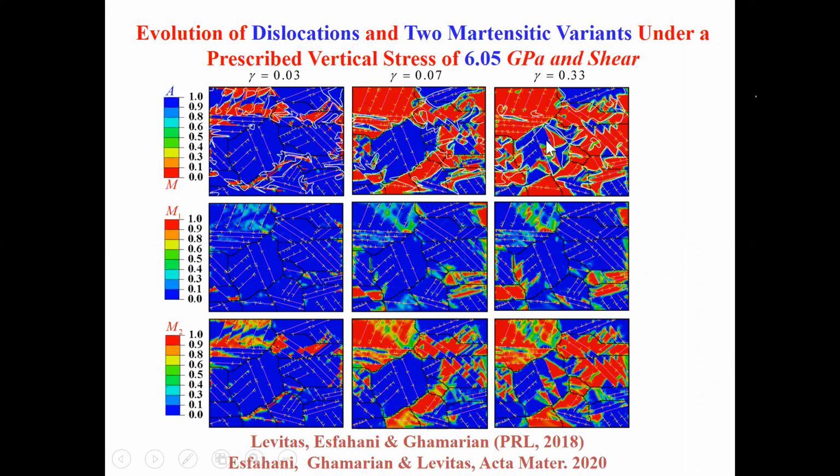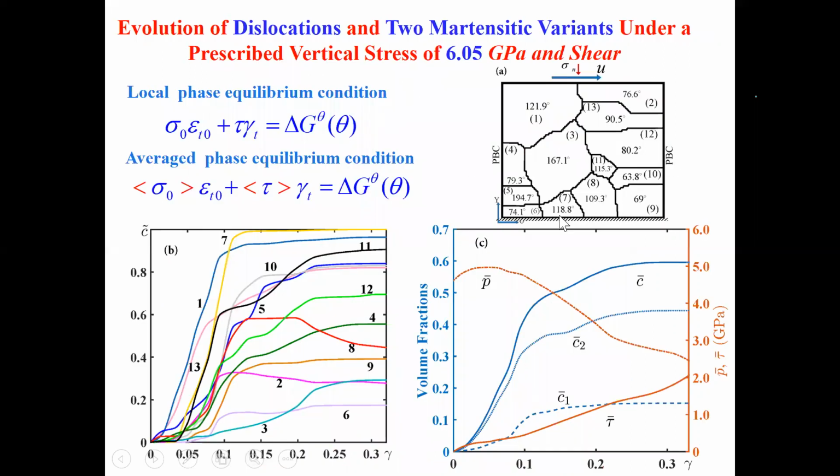It means that such a simple phase equilibrium condition is satisfied at each equilibrium interface. And also, if you average the same condition over the entire sample, it's also satisfied. And this is very important information and quite an unexpected result.